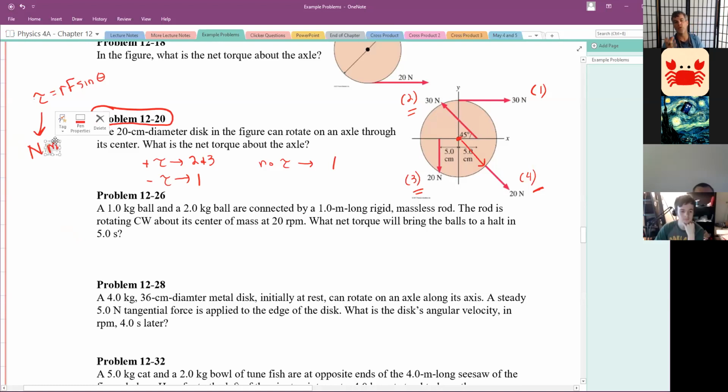Even though a Newton meter is equivalent to a joule, you never, ever use joules as a unit for torque. Kind of just like kilogram meter per second is equivalent to a Newton second. You always use kilogram meter per second for momentum, and you always use Newton second for impulse. For torque, you always use Newton meter as the unit. You never abbreviate it as the joule.